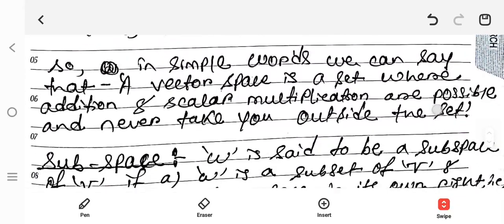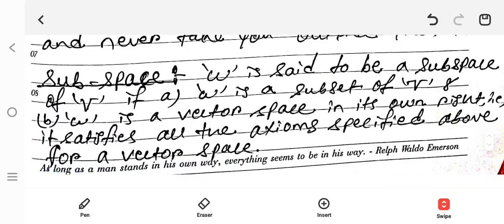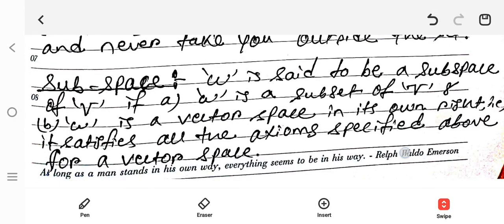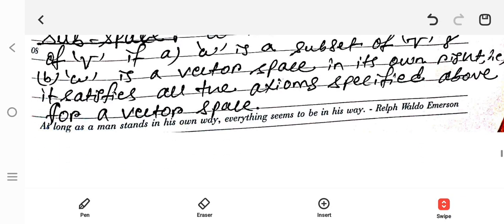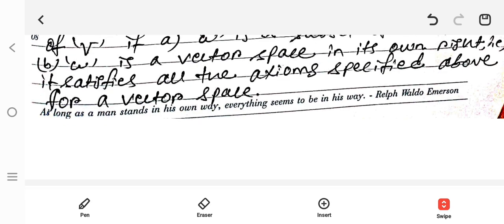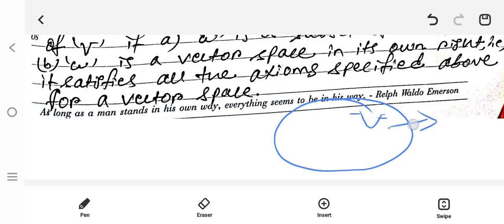And next is our subspace. W is said to be a subspace of V if W is a subset of V, and W is a vector space in its own right, that is, it satisfies all the axioms specified above for a vector space. In simple terms, let's suppose this is a space or a set V, and this set satisfies all the 10 properties of a vector space.